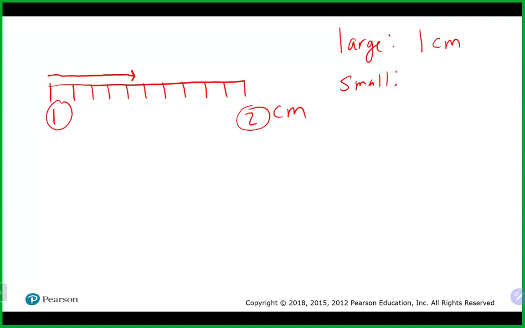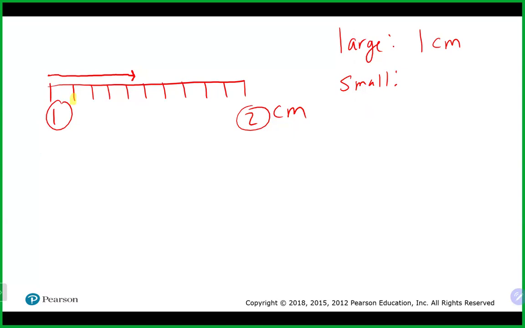And there really is an important place where you should start counting. You should always start counting the smaller markings, the ones that don't have numbers on them, after the last large marking, the last one that does have a number.